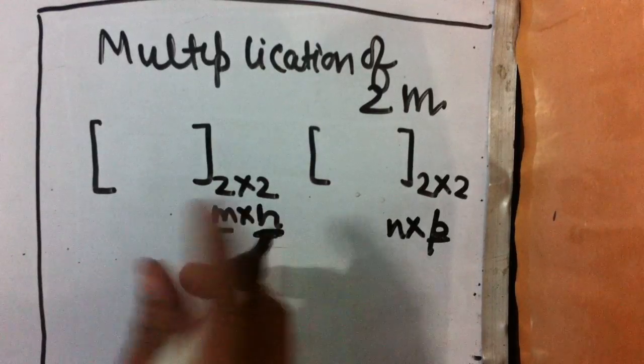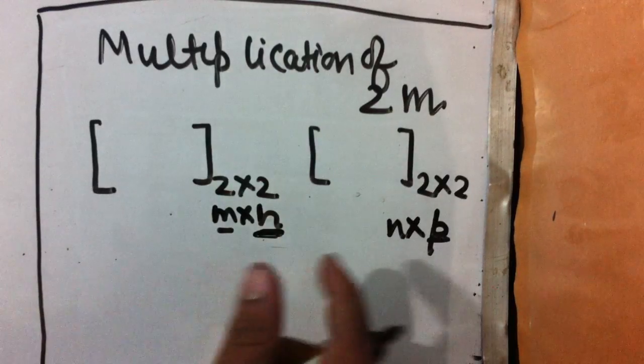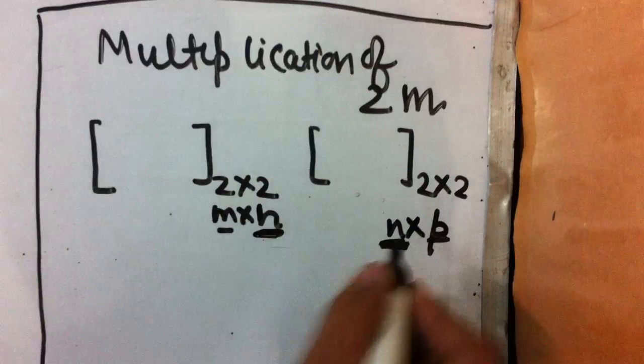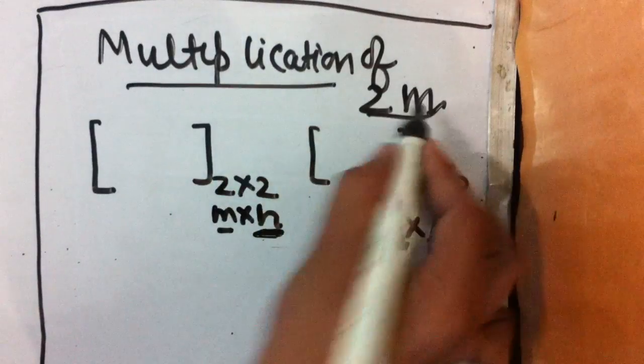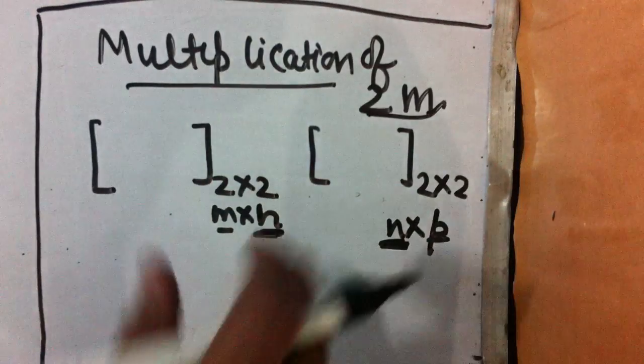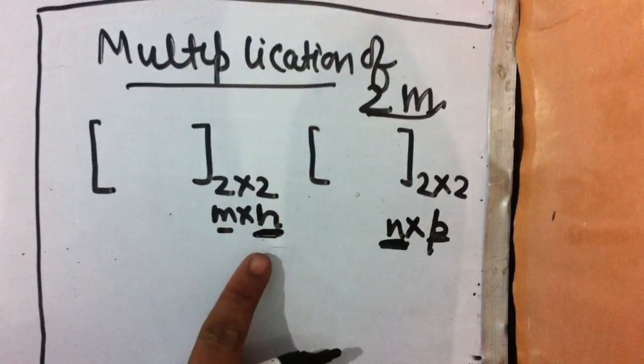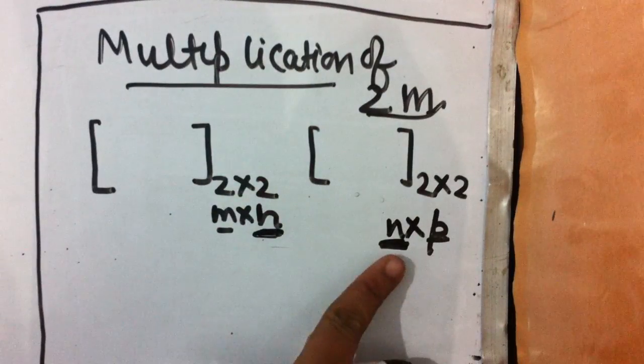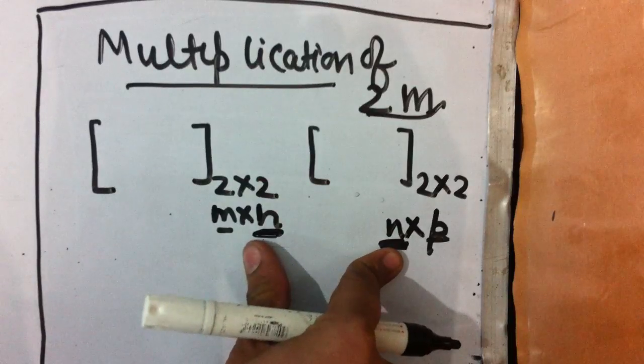So the number of columns of the first matrix must be equivalent to the number of rows of the second matrix for any multiplication of two matrices to be done. So for multiplication, the number of columns of the first matrix and the number of rows of the second matrix must be equal.